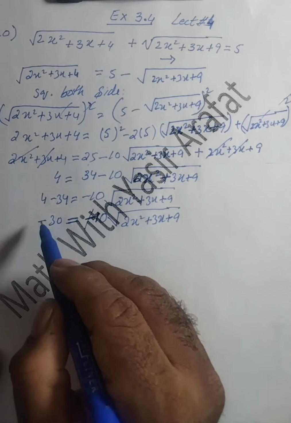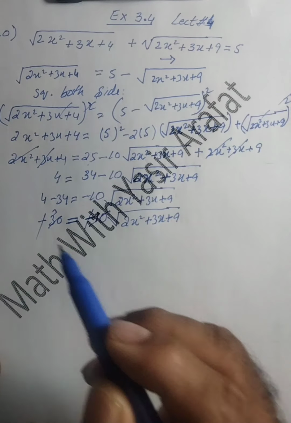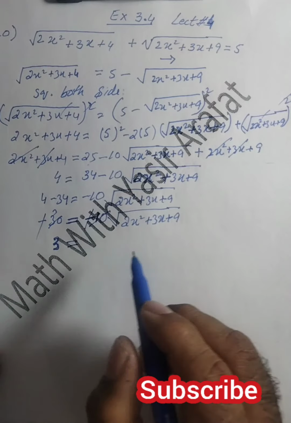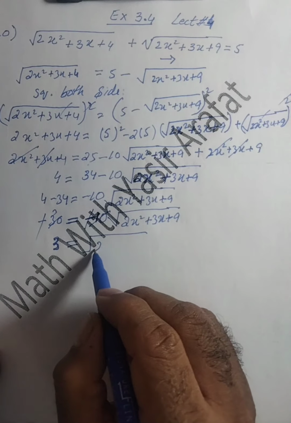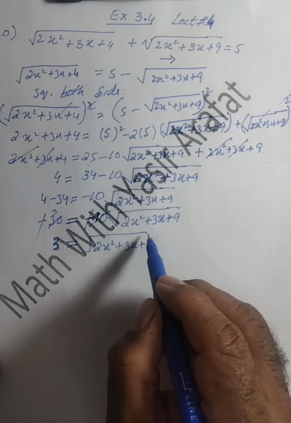So this minus cancels out to minus 1, 10 ones are 10, 3 tens are 30, and the simplified form of this is radical 2x square plus 3x plus 9.